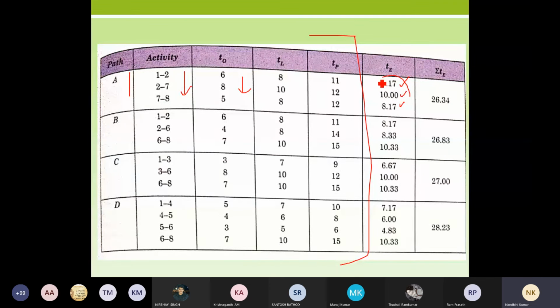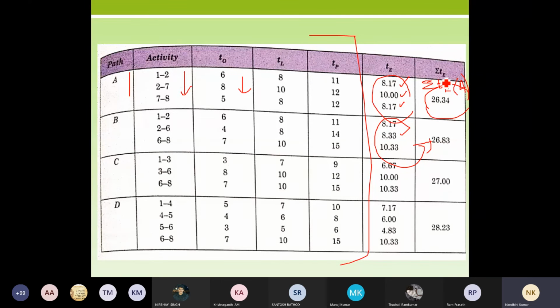When I sum them up, I get the summation of TE. You can write it as summation TE, or summation T of E, that is TE of a path. This is my A path, and this is my B path, C path, D path. For all of them, you calculate the time estimate, sum up, and write the answer.